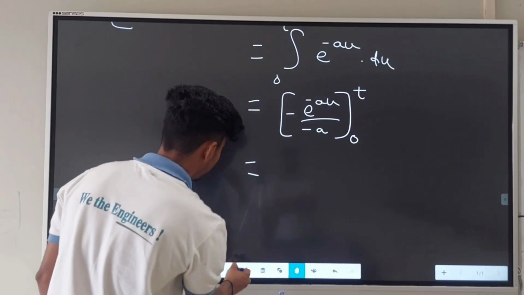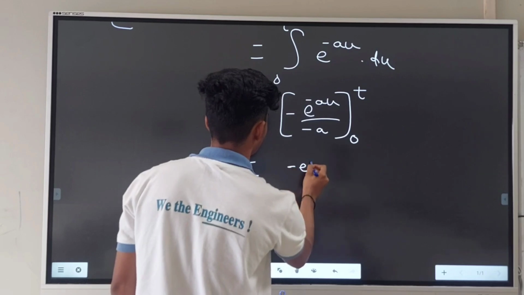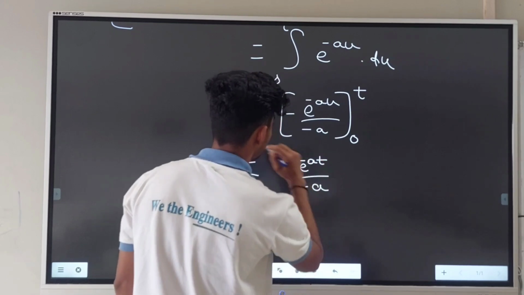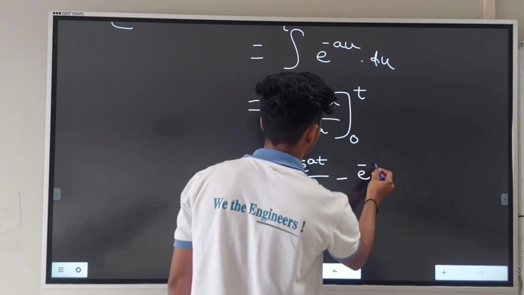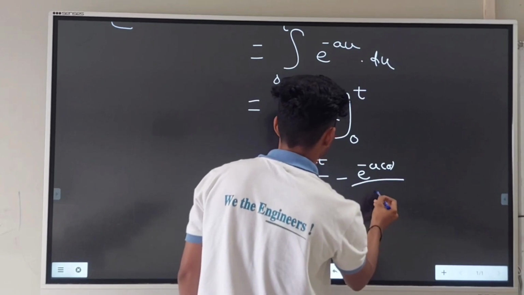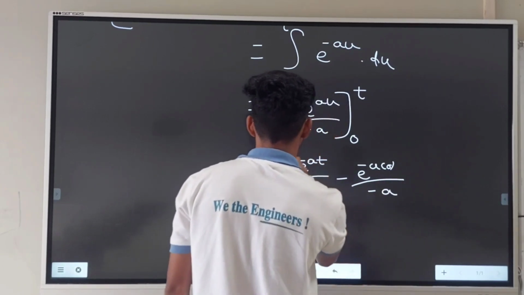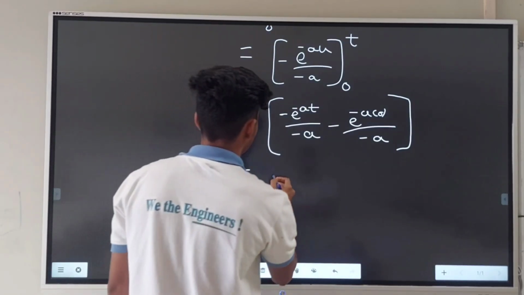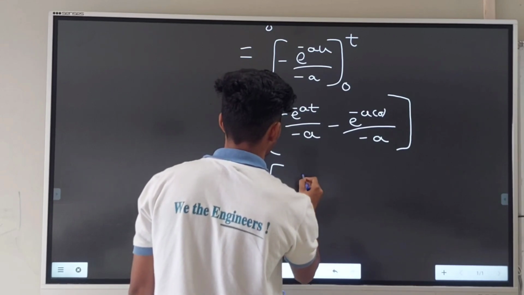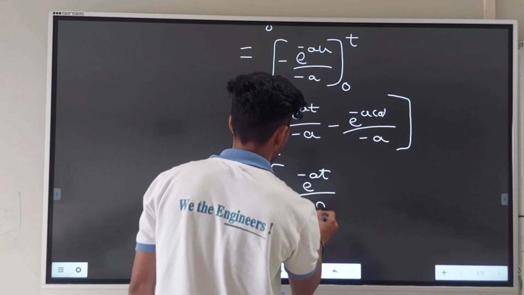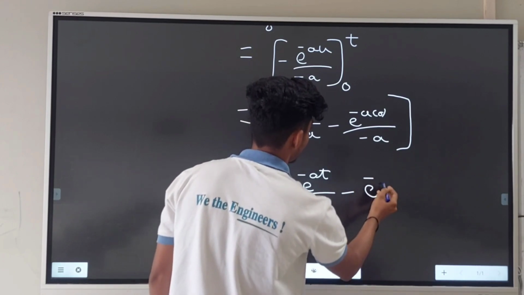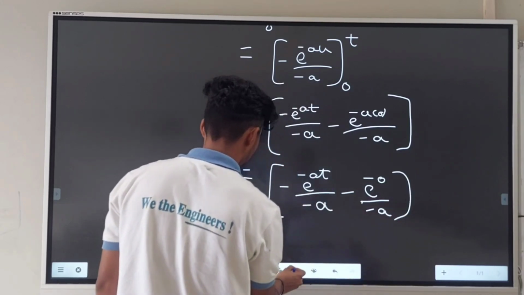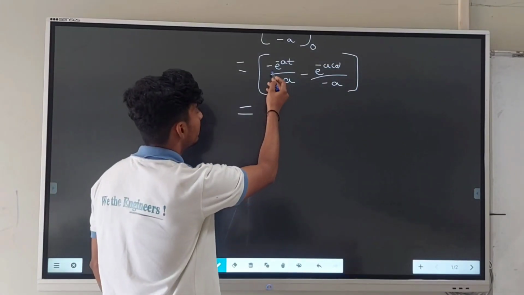After that, we apply the limit. So we get a negative sign common.